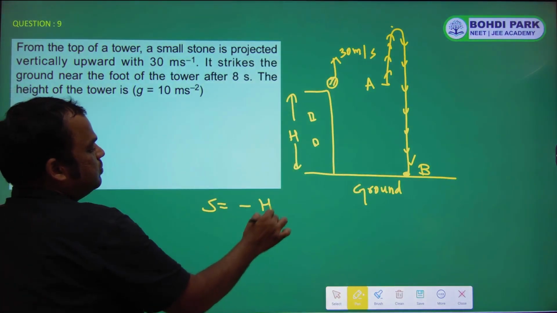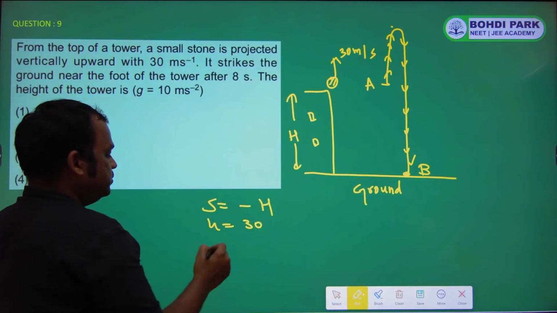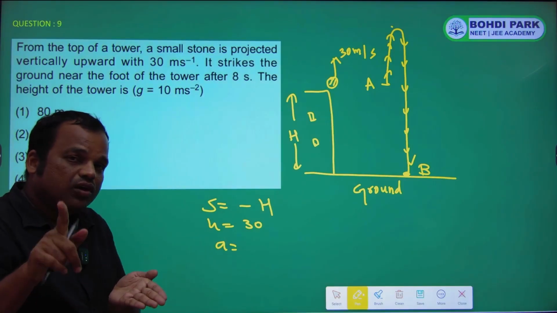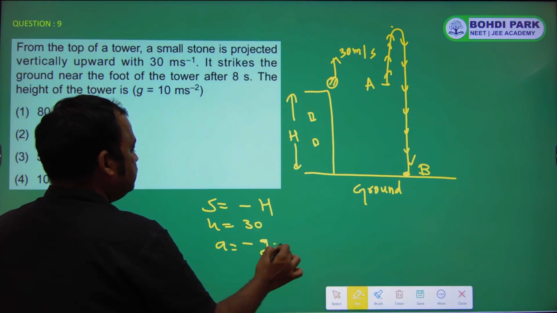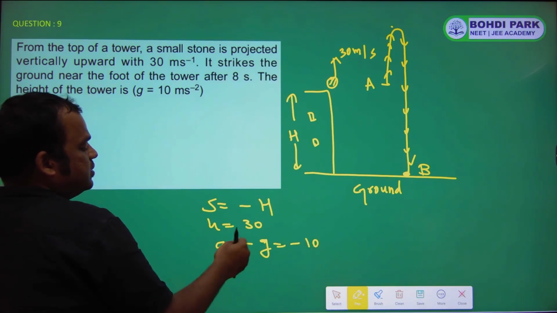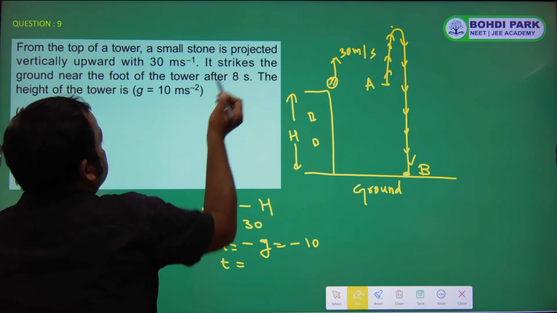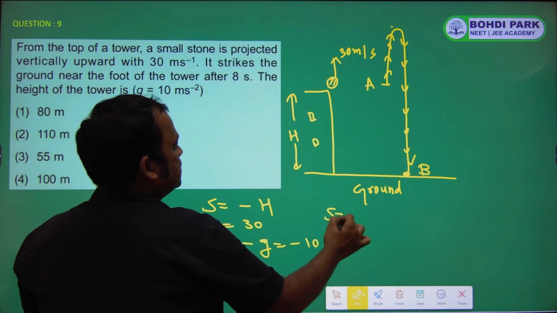So S is equal to minus h. Initial velocity is upward 30, so plus 30, and acceleration under gravity is always minus g, downward. So we can take a as minus 10, g value is 10. Now time is given as 8 seconds. So s is equal to ut plus half at square.